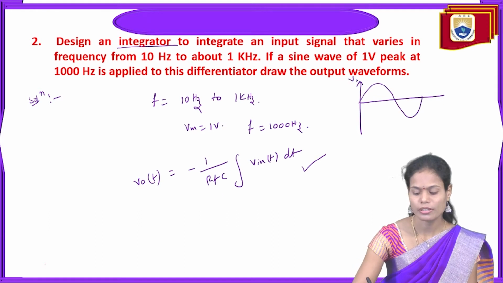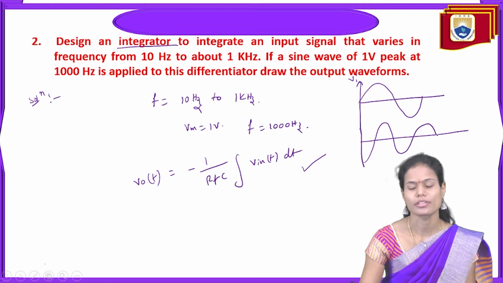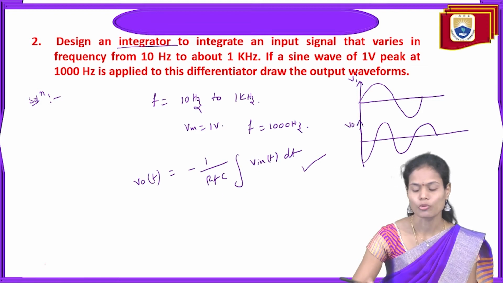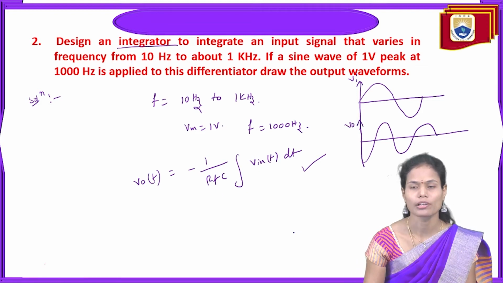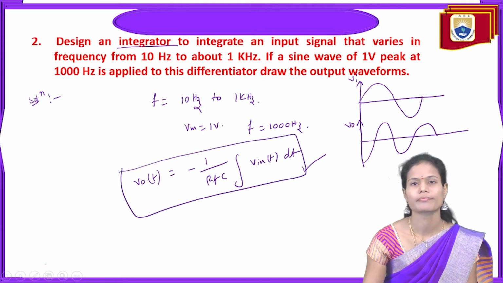This is the input Vi. The corresponding output voltage we will get as a cosinusoidal signal for the given sinusoidal signal. So this is the output voltage. In this way, we have to calculate the values. This problem we have already discussed in the problems on op-amp integrator circuits.